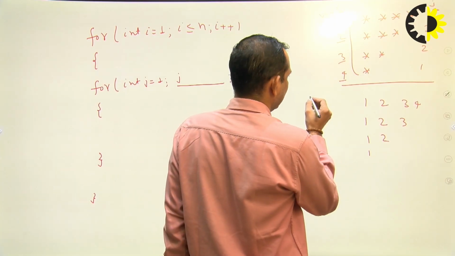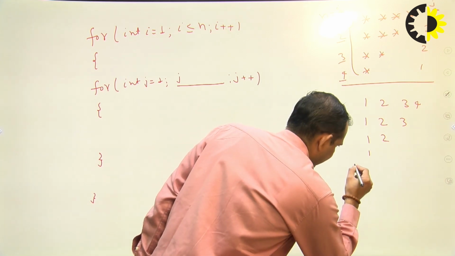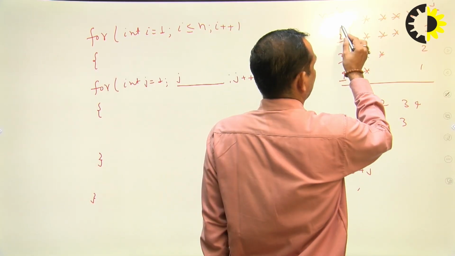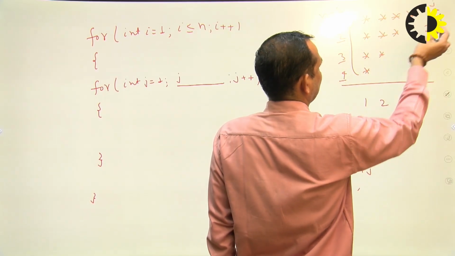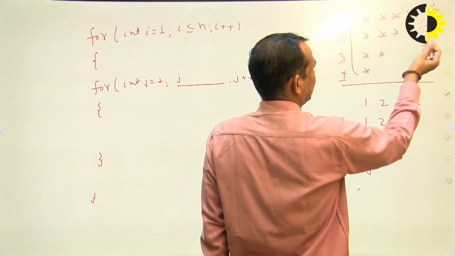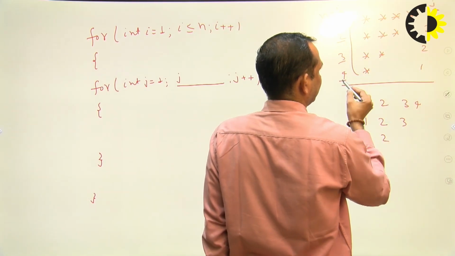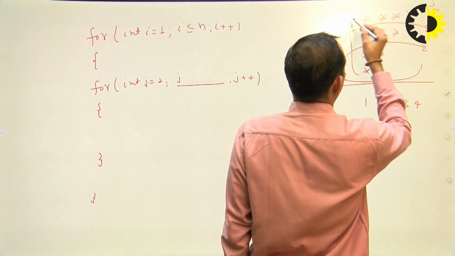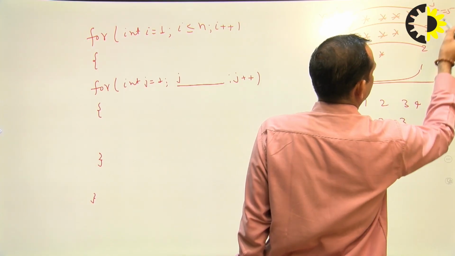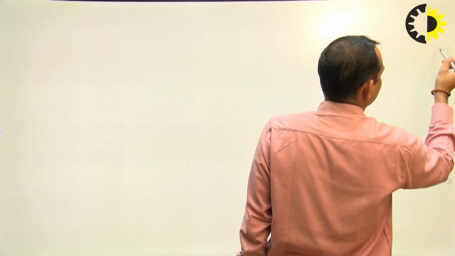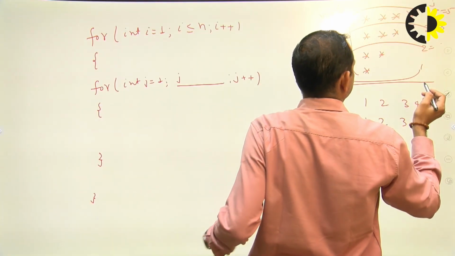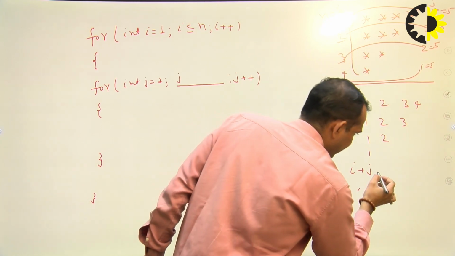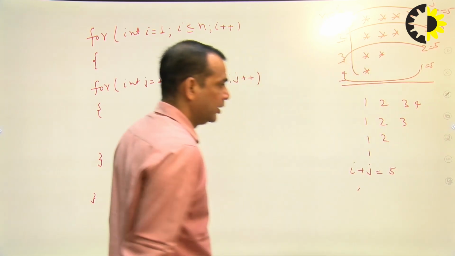So what we try to find out, if I write here i plus j: 1 plus 4 equal to 5, 2 plus 3 equal to 5, 3 plus 2 equal to 5, 4 plus 1 equal to 5. So if we add all values, the line number and the number of stars, we find that all sums are equal to 5. So if we sum up the value of i and j, that will be equal to 5.